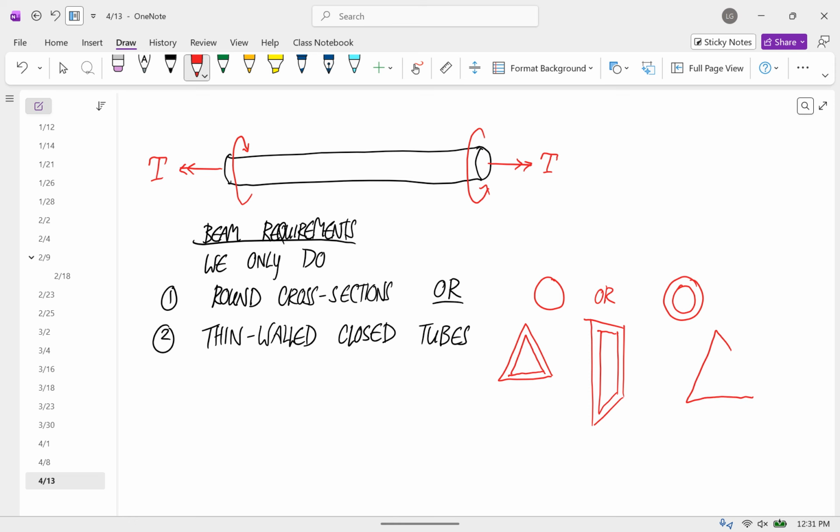So say you have this triangular shape again, except this time it doesn't connect. That's not closed, and so we can't do those. And we'll have a different calculation for each of these two types.